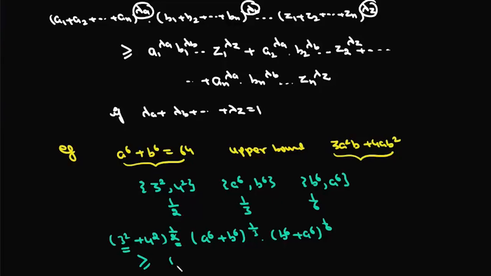now A1 to the power lambda, so it will be this 3, B1 to the power lambda B, so a⁶ to the power 1/3 is a², into, and this is C1 to the power lambda C, b⁶ to the power 1/6 is simply b, plus, and then this is A2, so it will be this 4, and then b² and a.